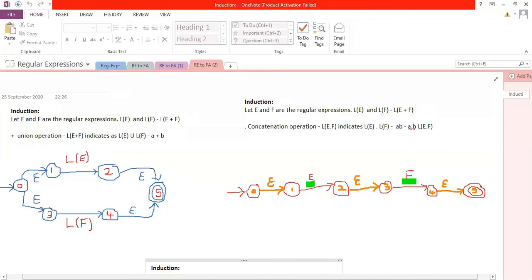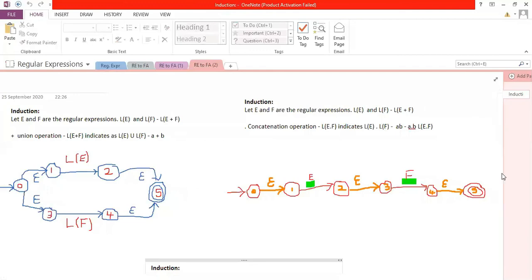If you have two symbols, you may go for one more state. That's known to us. Since I'm accepting only E, I'm showing only E, I say it is from state 1 to 2. Or if I'm showing F, it is from 3 to 4. But if you want to say AB, then you have to go accordingly. 1 to 2 is A, 2 to 3 is B, and so on.